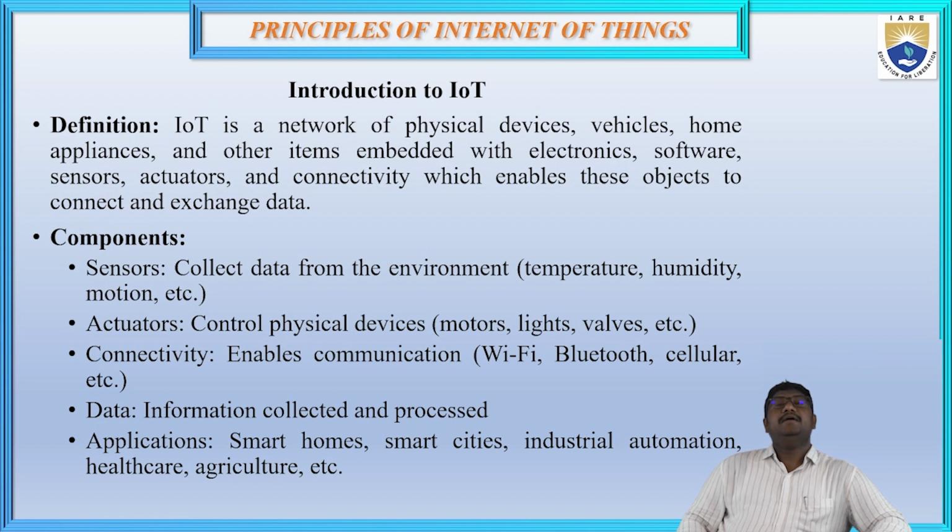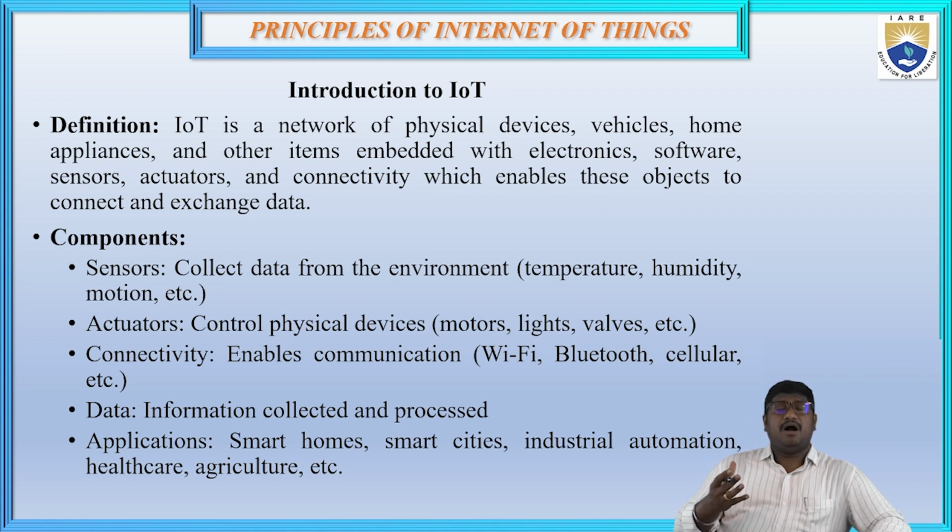Further, the first topic is the introduction to IoT. As I told you, we need to know about IoT before learning about Arduino and Raspberry Pi Kit. We already discussed in our previous classes what IoT is.